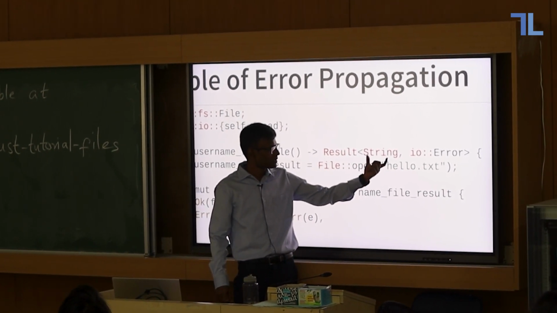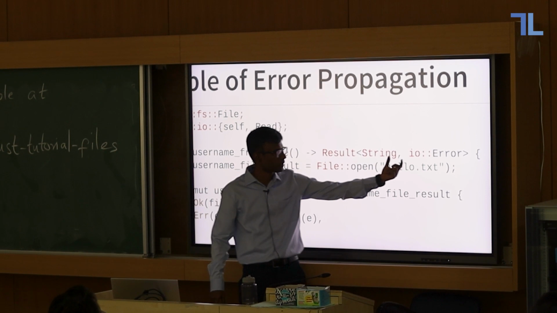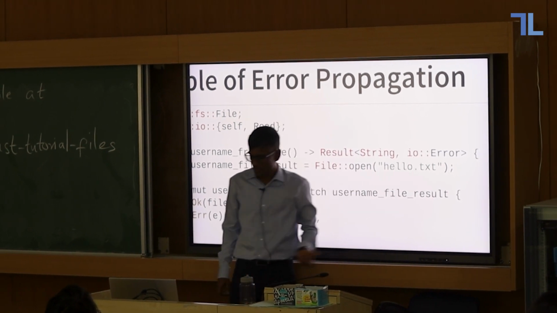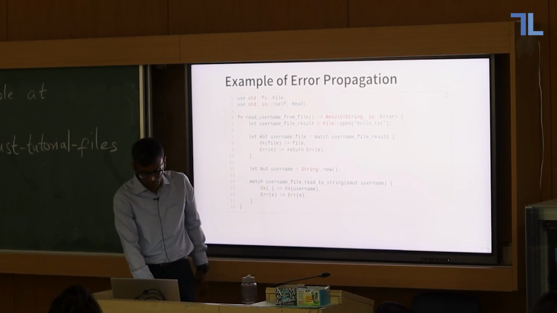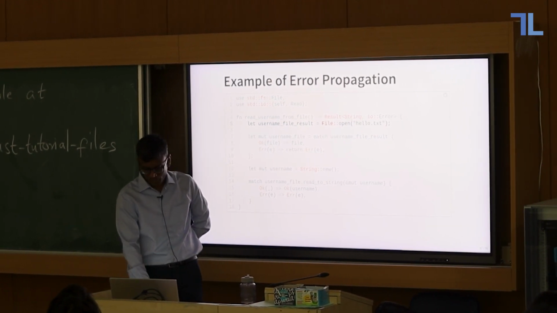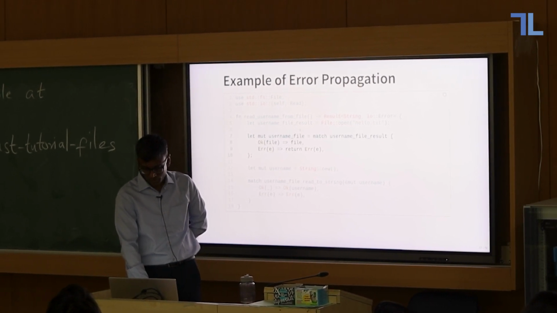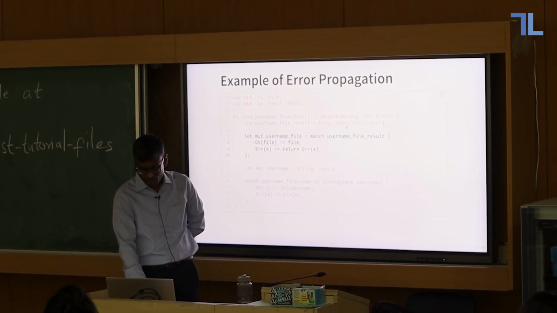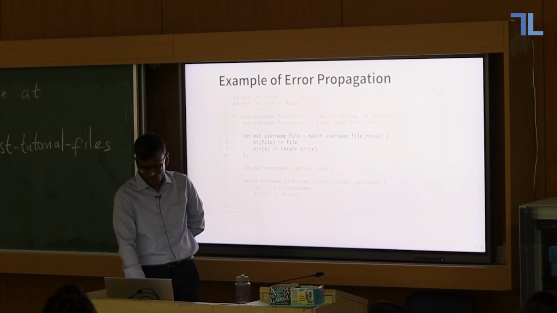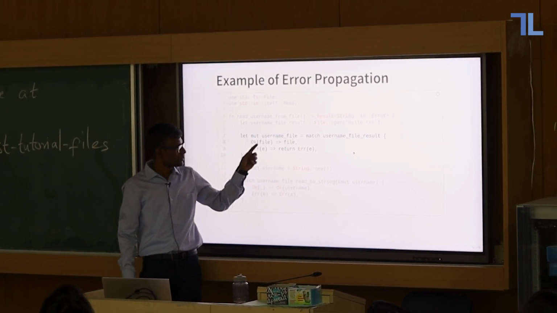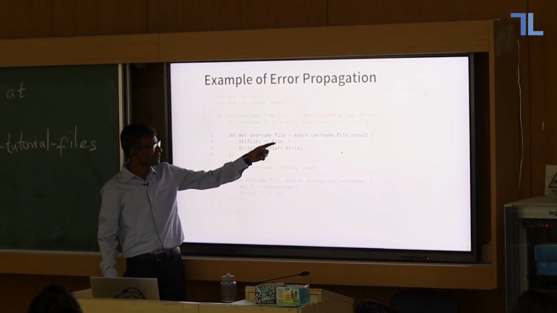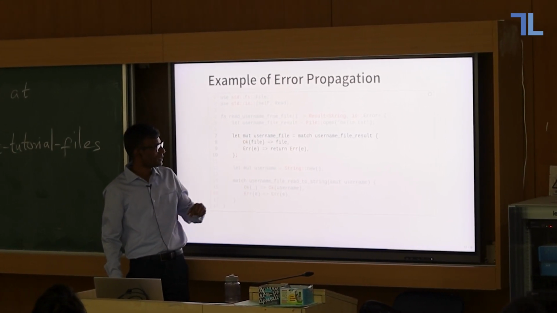So it either returns Ok string or an error which is an IO error. It has two return values. First I am opening a file, hello.txt. Then I match on the username file result. If the file was opened correctly, then I return the file. Otherwise, I return the error.